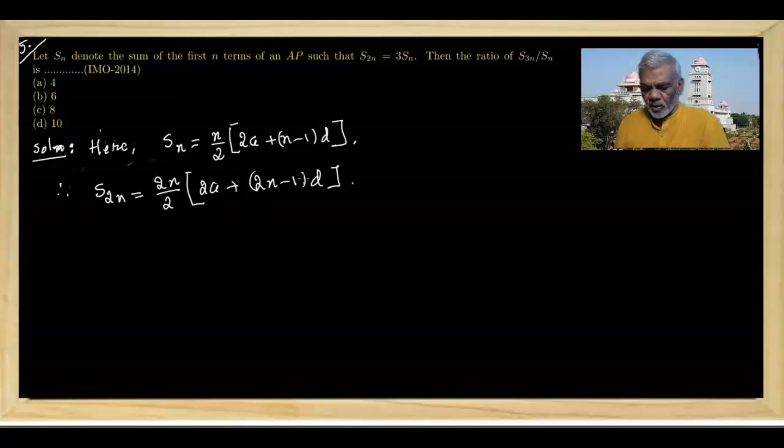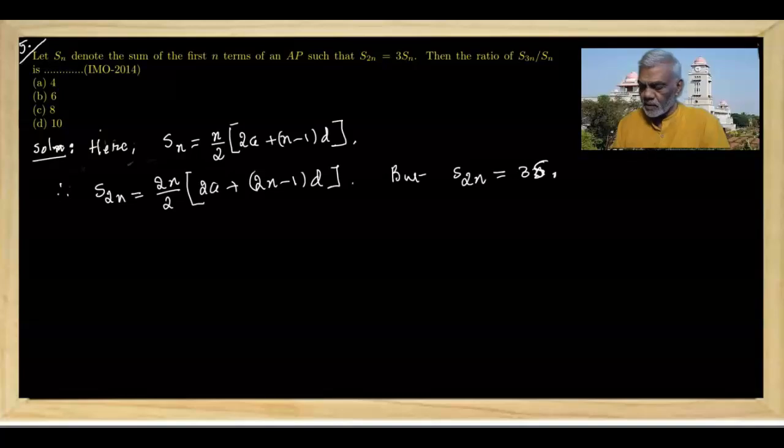These are the well-known formulas, which we have written down here. But it is given that S2n is equal to 3Sn.